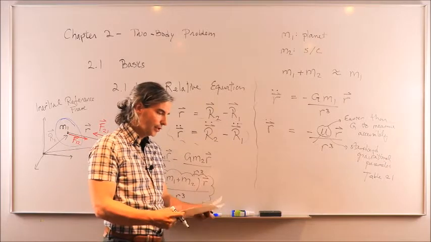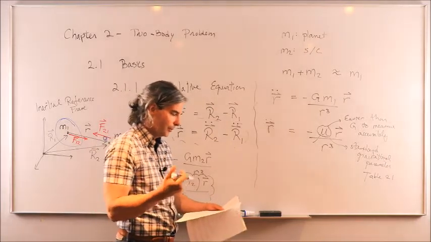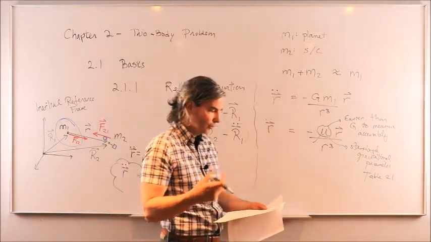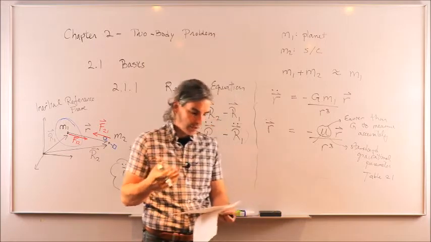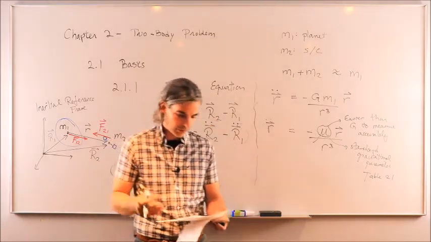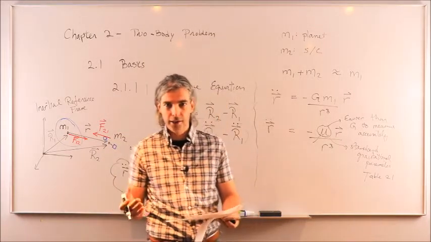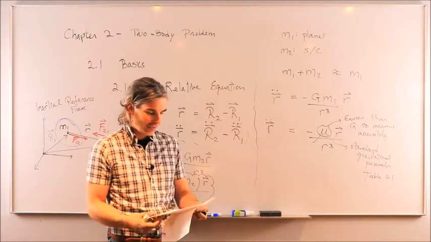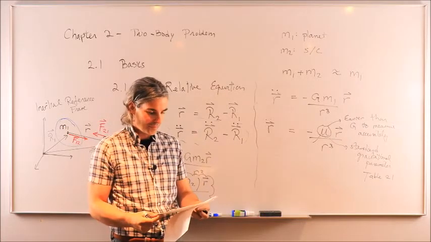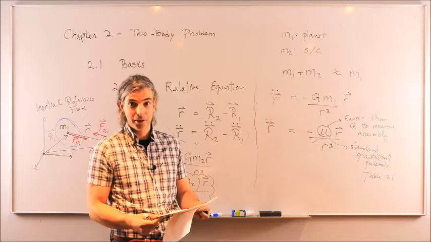So you have mu of the Sun, mu of Mercury, Venus, Earth, Moon, Mars, Jupiter, Saturn, Uranus, Neptune, and Pluto. Although Pluto isn't technically a planet anymore, yet I felt that Pluto deserved a row in my table. Okay.